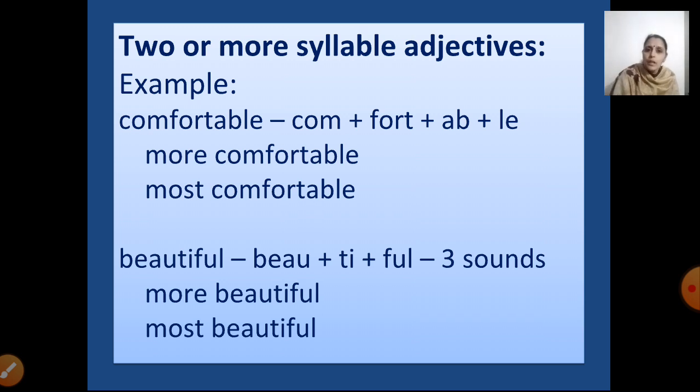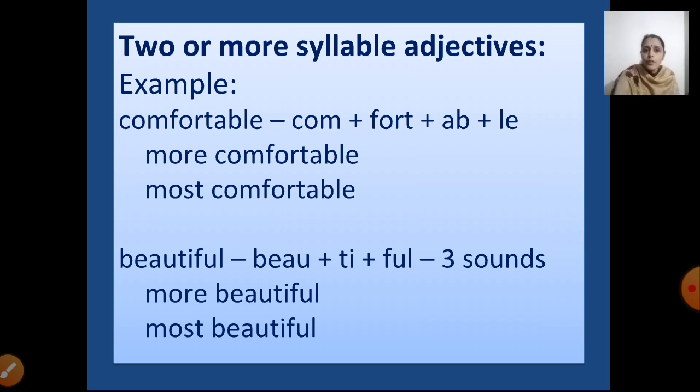Comfortable. Come for table. See the number of times the sound is coming. Come, O is coming here. For, O again, the sound O. Ta, the sound of A, and ble, the sound of E is coming there.